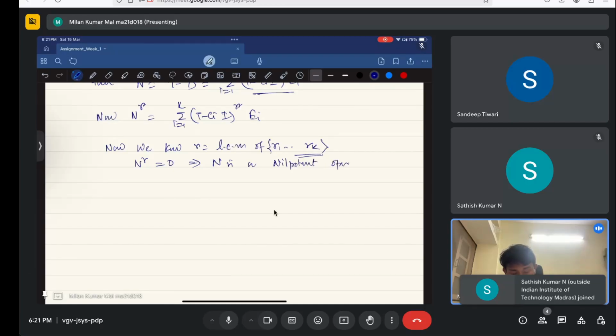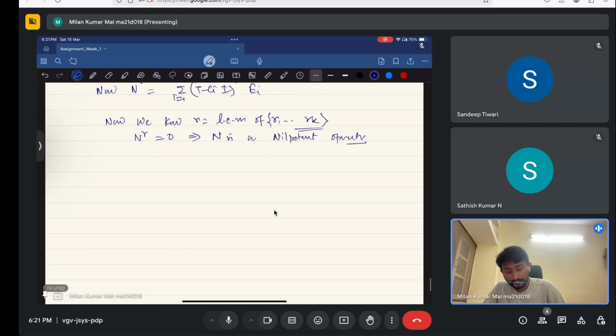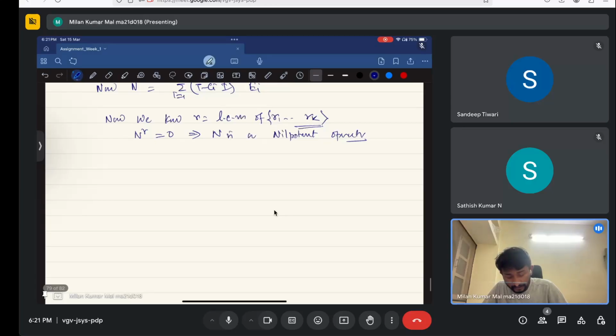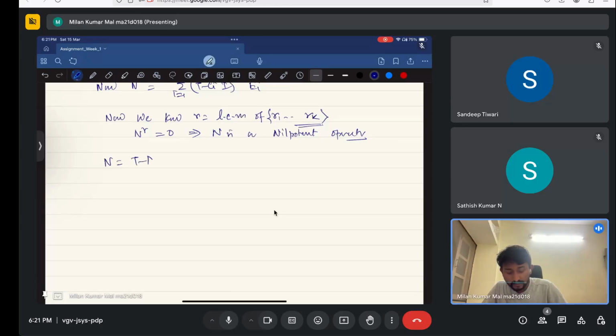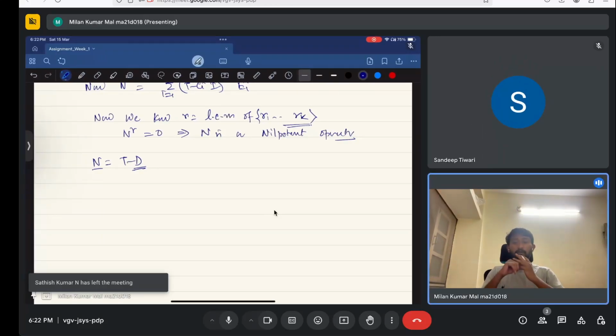So the main fact is that N equals T minus D, where D is the diagonal operator and N is the nilpotent operator, and T is an operator for which the characteristic or minimal polynomial is completely factorized. We know that if the minimal polynomial of an operator is completely factorized, that operator is triangulable.